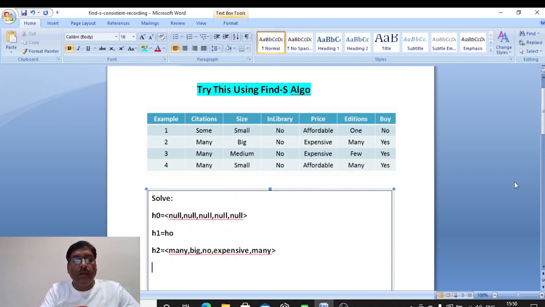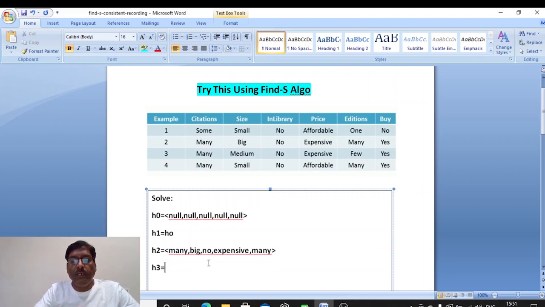Now coming to the next, you need to go with the next example, that is X3, and try to compare the values with the given hypothesis. Example 3 is classified as a positive instance. So you compare these values with example 3.